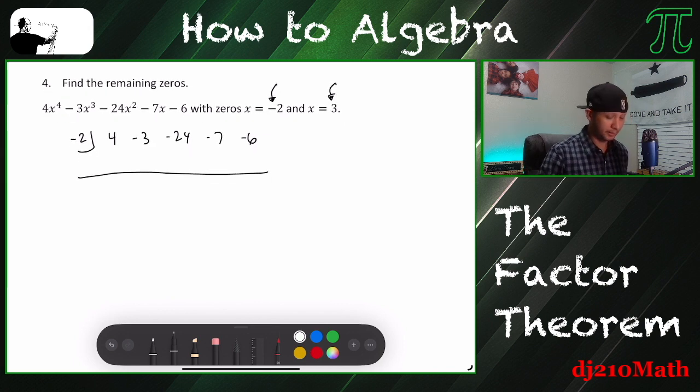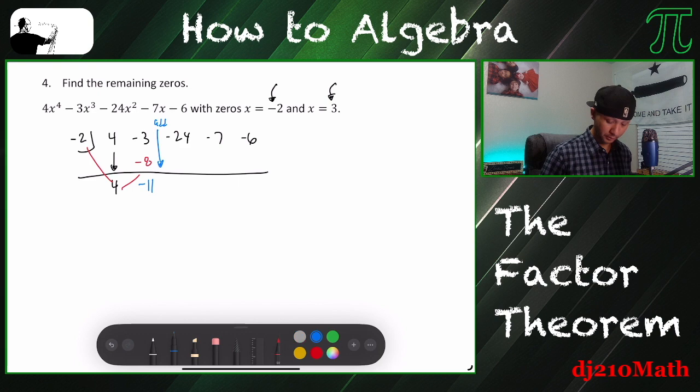All right, we start the synthetic division process. I bring down the 4. Then -2 times 4, I write that here. It's going to be -8. We add going down. That's going to be -11.